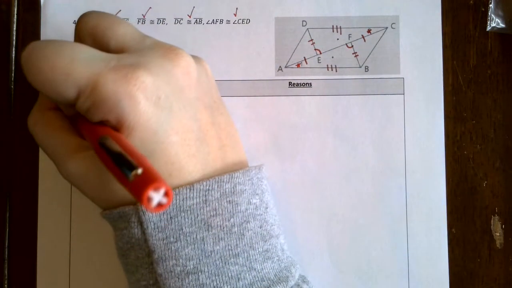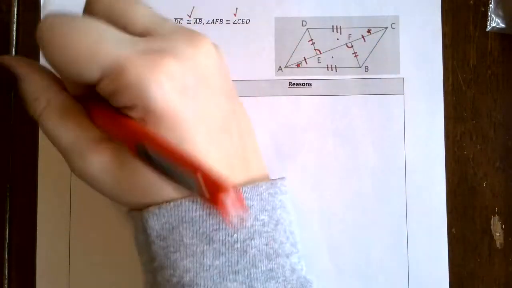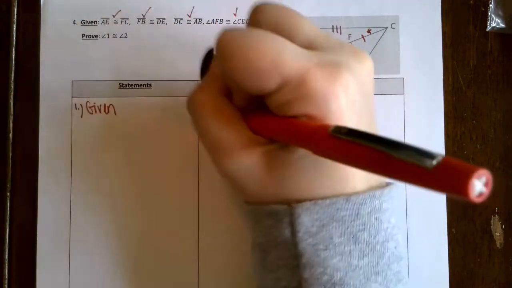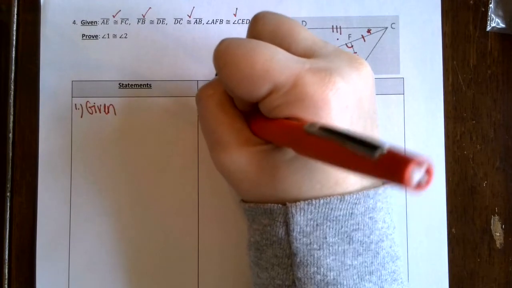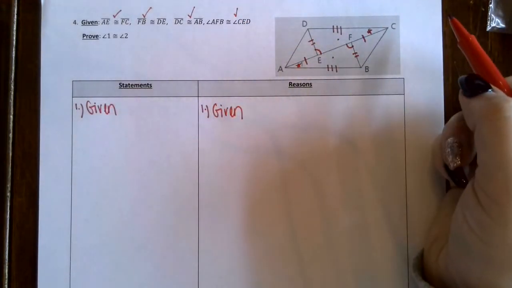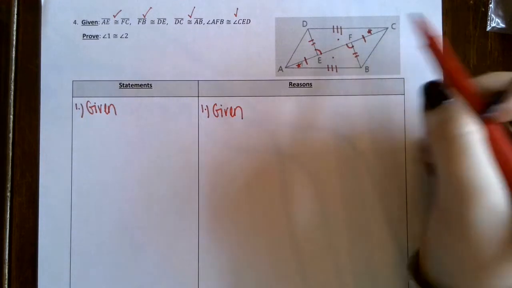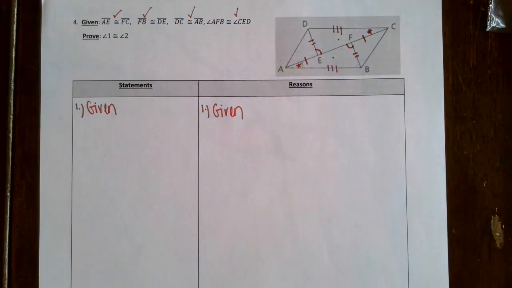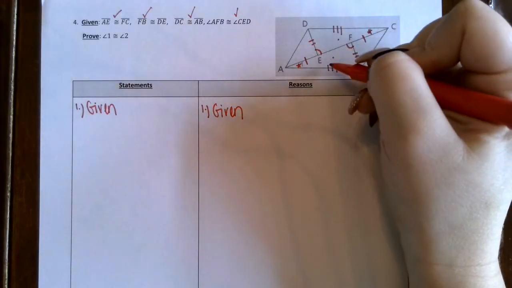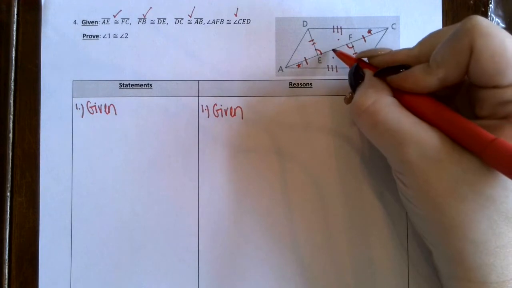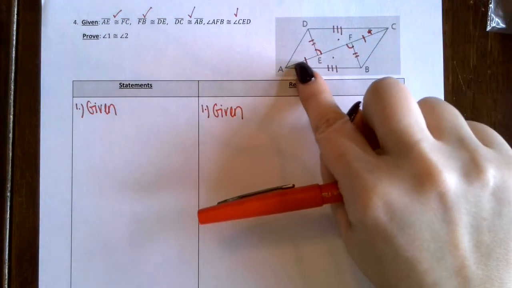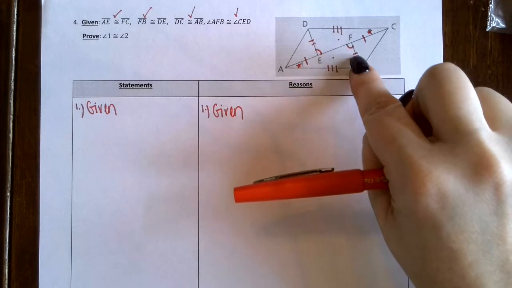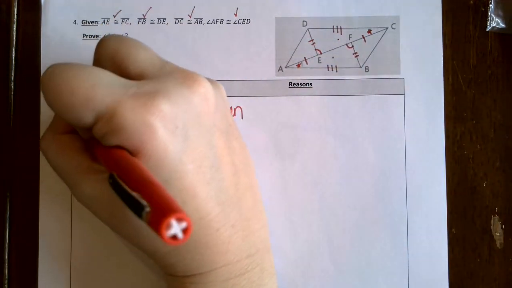So again, with my given statements, okay, I'm going to show. Okay, so again, I need to show top, bottom triangles are congruent. So if I had this piece here, I could say this total would be side, angle, side. So I'm going to use reflexive.